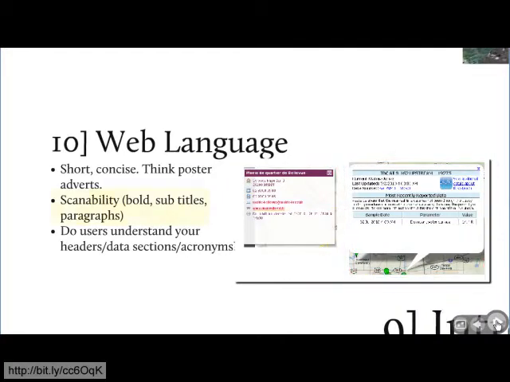You want to use bold and subtitles and paragraphs, and use that to make it scannable, so you want people's eyes to be able to lock on to what they want very quickly. So lots of subtitles and bold. And you also have to ask yourself, do your users understand your headers, your data sections, the acronyms you've used in your map?